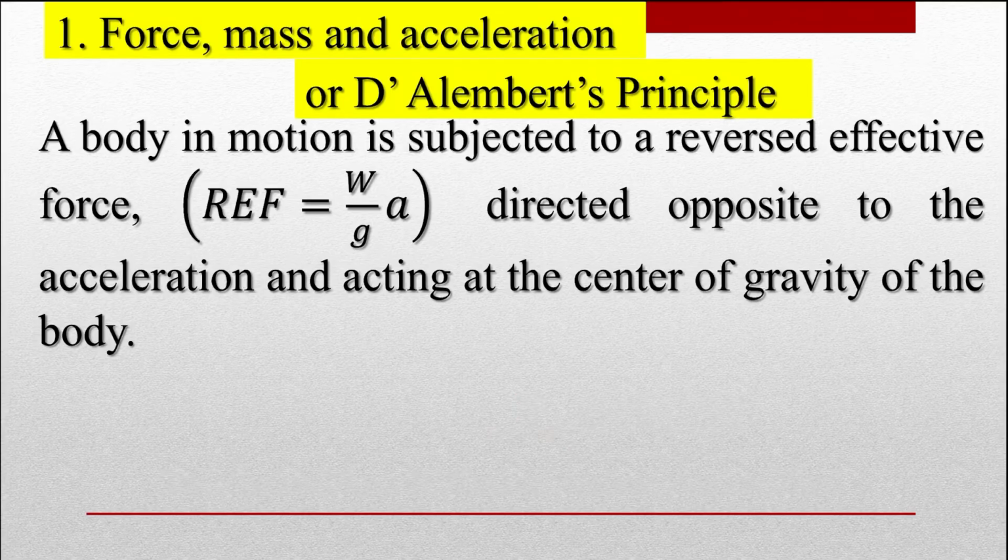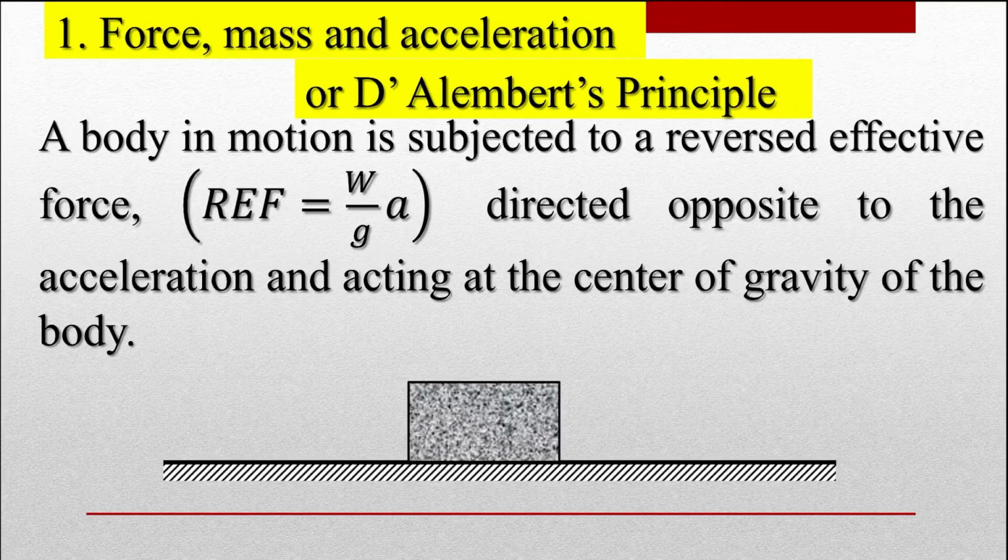gravity of the body. So, for example, a certain body is being applied by a certain force, then the expected motion due to this acceleration is on the right side.